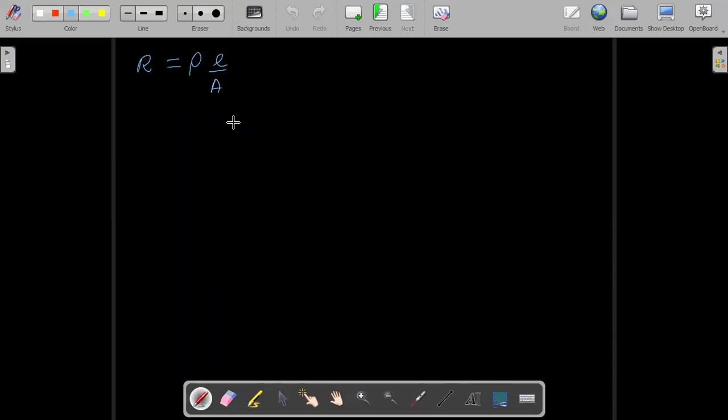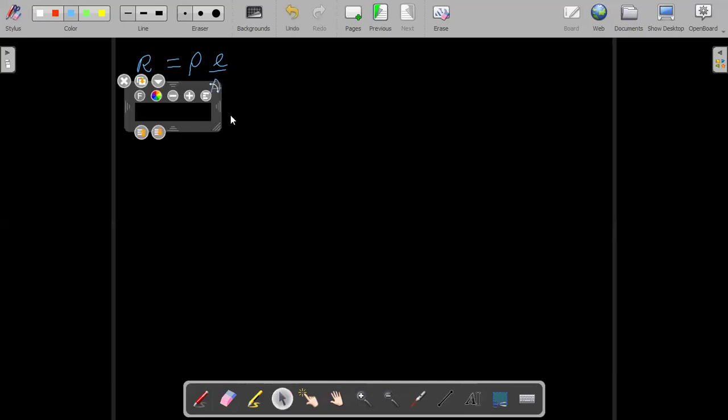The next one, we are going to define resistivity. As we know, resistivity depends upon length and area of cross section. So if the length of wire is 1 unit and area of cross section is 1 meter square, whatever be the resistance of that wire will be called resistivity.